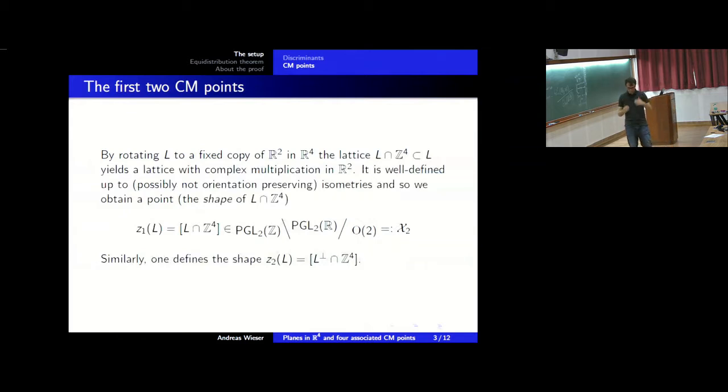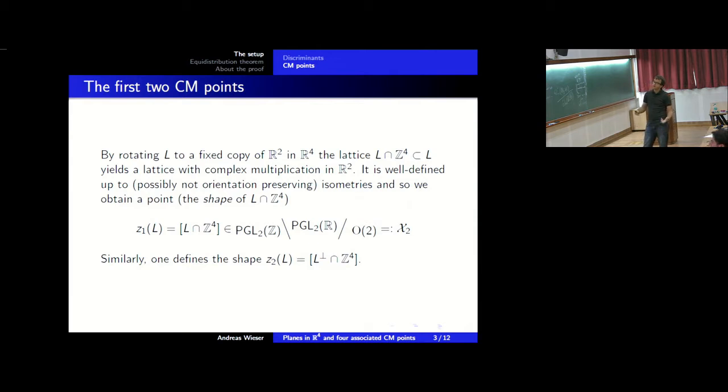You have this subspace, and we rotate it to a fixed copy of R2, say R2 times (0,0), whatever. What you get is a lattice in there. The lattice so obtained is not well defined per se because you chose a rotation. So we look at the set of lattices up to isometry, which is this thing.